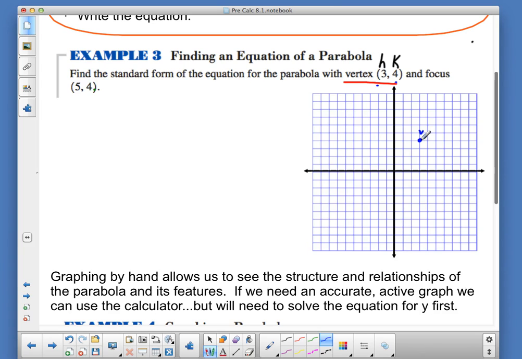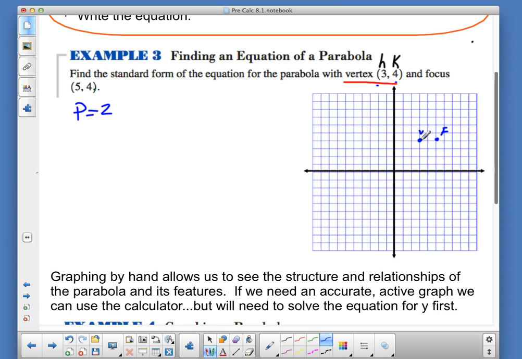And then I've got my focus at (5, 4). That's my focus. Now remember, the parabola arcs around the focus going through the vertex. So I've got a p automatically that's a positive 2, because the focus is 2 away from the vertex and it's positive to the right. Are you in agreement with that so far?